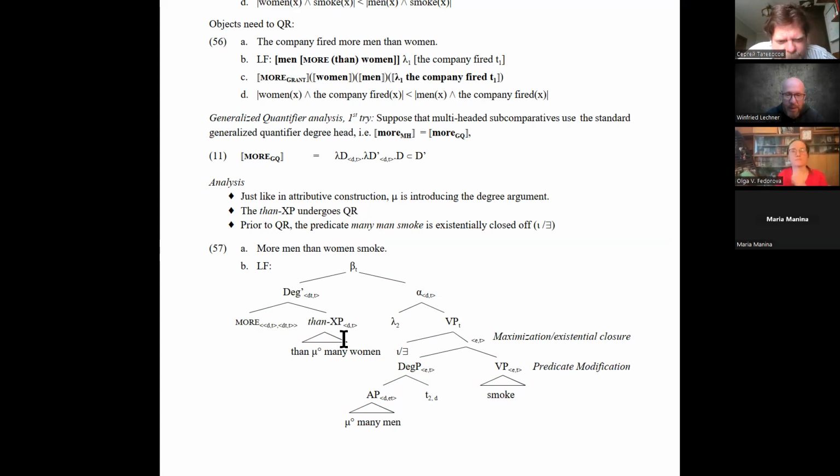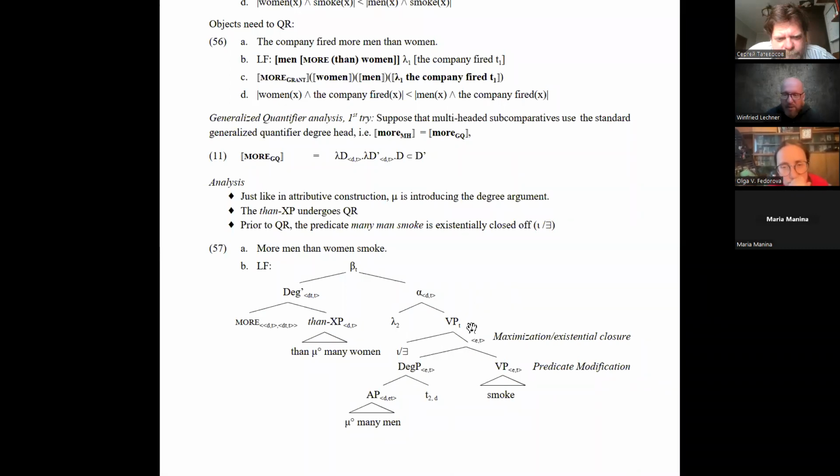Now let's see whether we can combine those ingredients in a meaningful way. Here we combine by predicate modification. We get the set of all smokers that are many men, and then we need to find a propositional node such that the degree phrase can QR to that node.